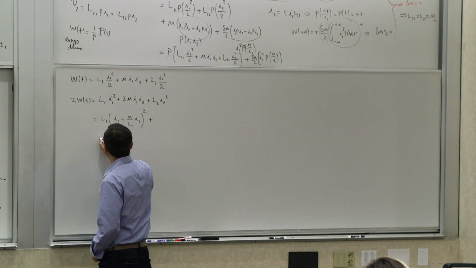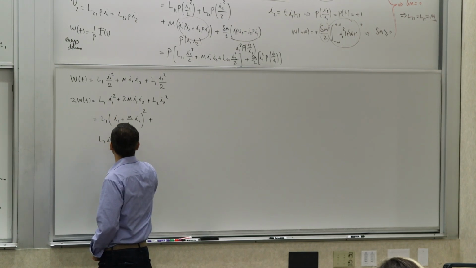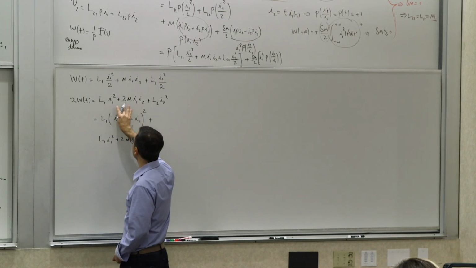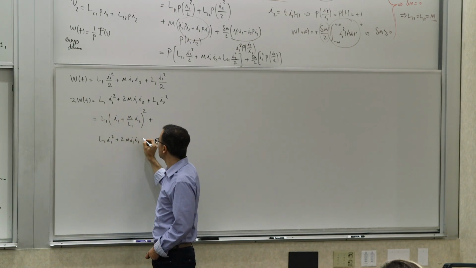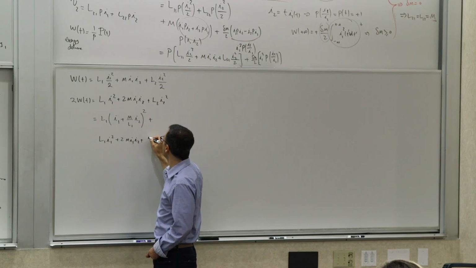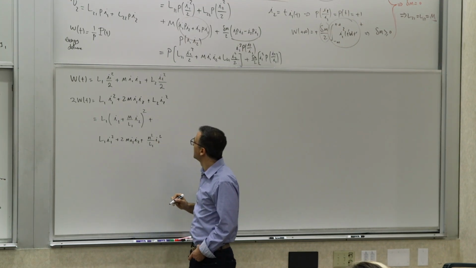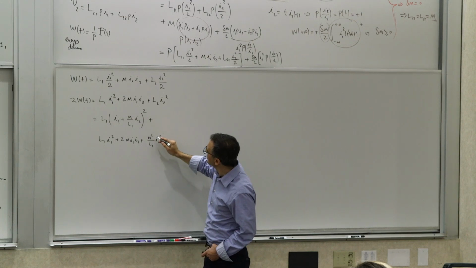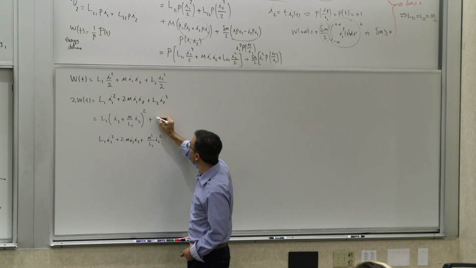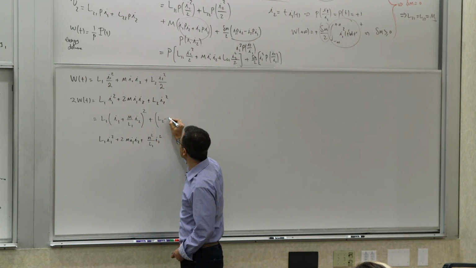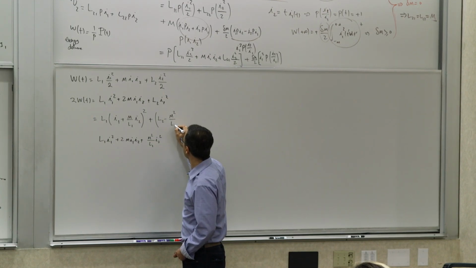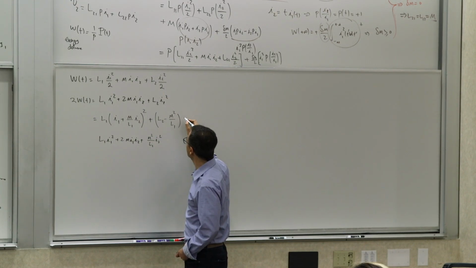This term is L1 I1 squared, and then you get 2m I1 I2, so you get the first two terms. But the third term is different: it's m squared over L1 I2 squared. Now, to get to this term, you need to add this and subtract this.